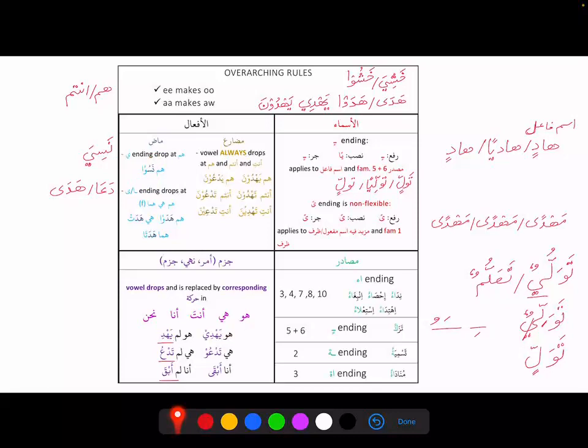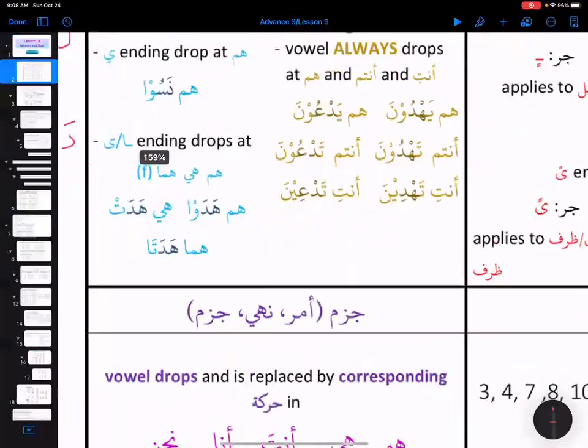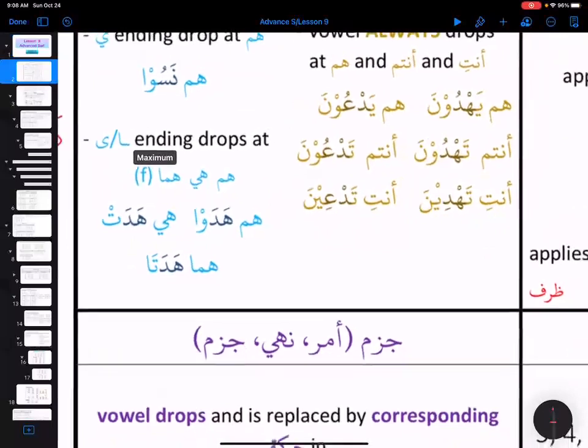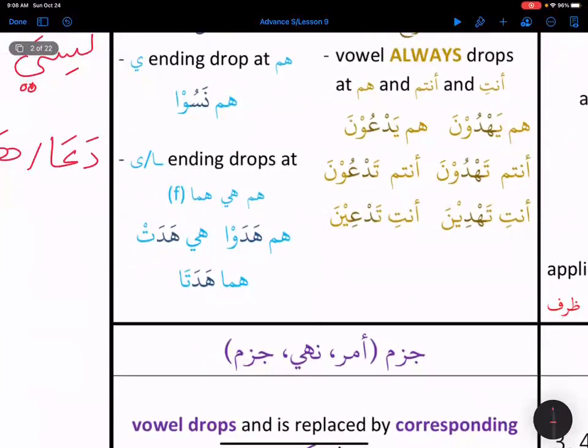And then the ya and alif ending drops at hum, hiya, and huma. The example is hum will be hadaw. So you see this wow, right? Again, this wow is not the weak letter. We need to remember that. Rather, this is the wow of jama. So basically, the weak letter is dropped over here.